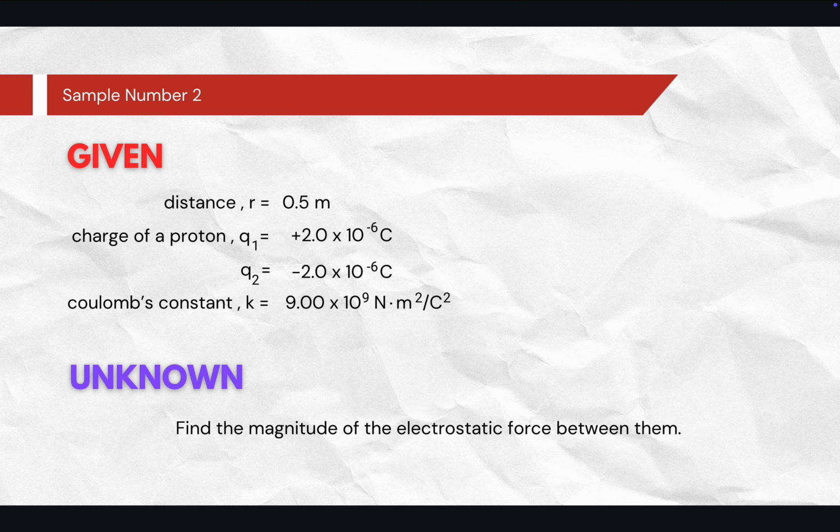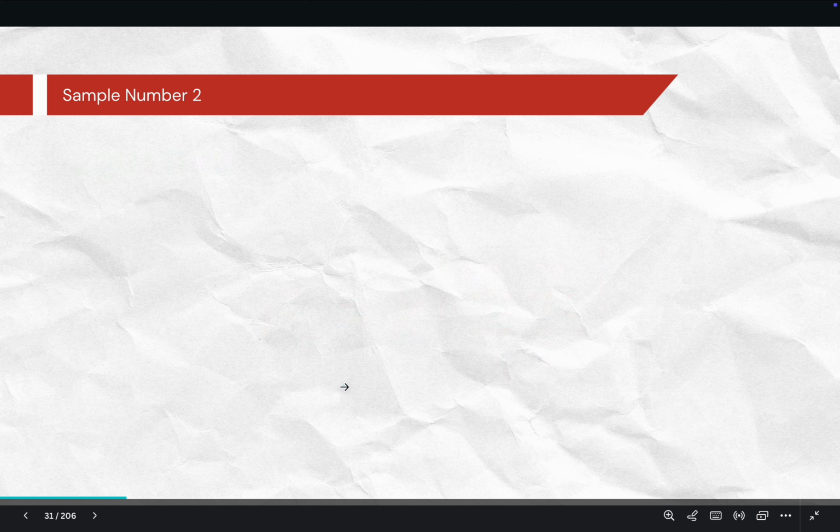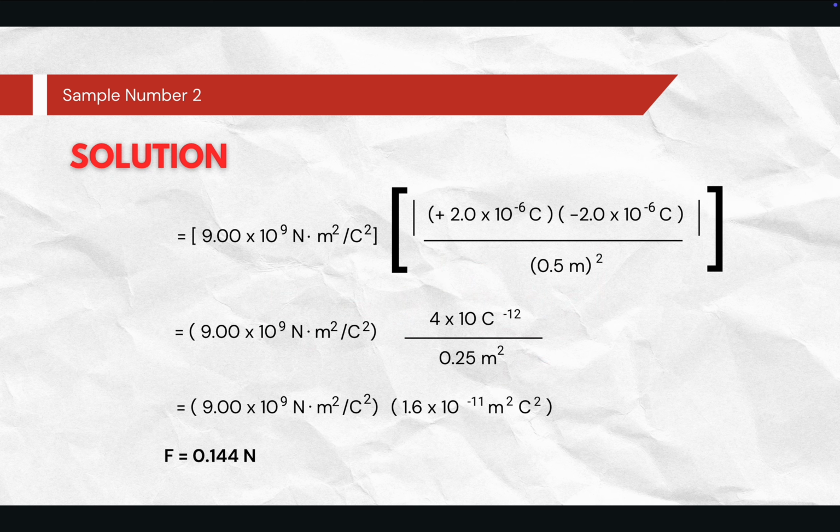Then, ang hinahanap natin is yung magnitude of the electrostatic force. Ang gagamitin natin na equation is F sub E is equal to K. Gagamitin natin to solve yung hinahanap natin. I-substitute lang ulit natin yung mga given. Yung numerator niya is yung dalawang given na charge, positive and negative.